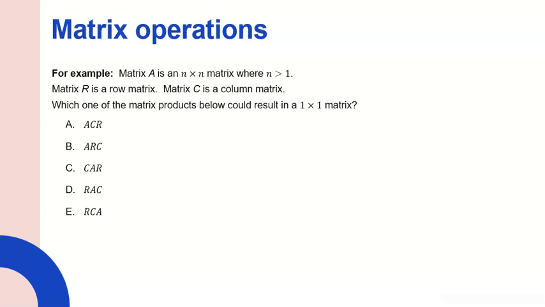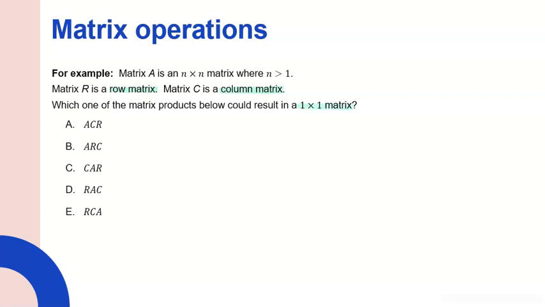Matrix R is a row matrix, so it has a single row, multiple columns. Matrix C is a column matrix, so it has 1 column but multiple rows. Which one of the products could result in a 1 by 1 matrix?